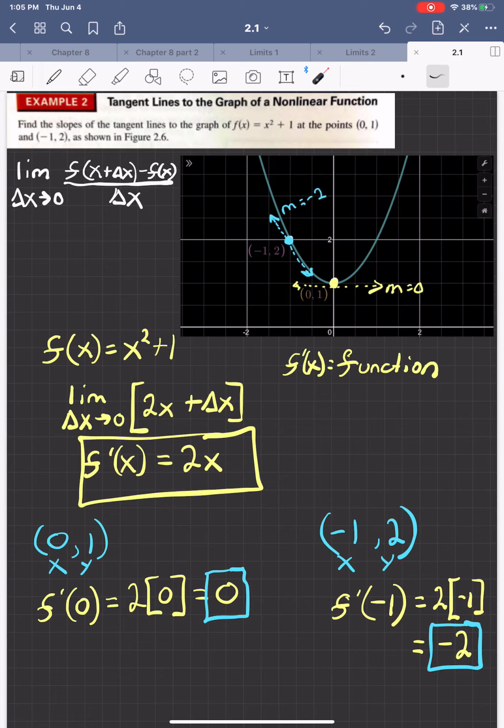So what does a derivative do for us? The derivative allows us to find not the average rate of change, but the instantaneous rate of change. If you were driving home, it would be one thing to find your average speed.